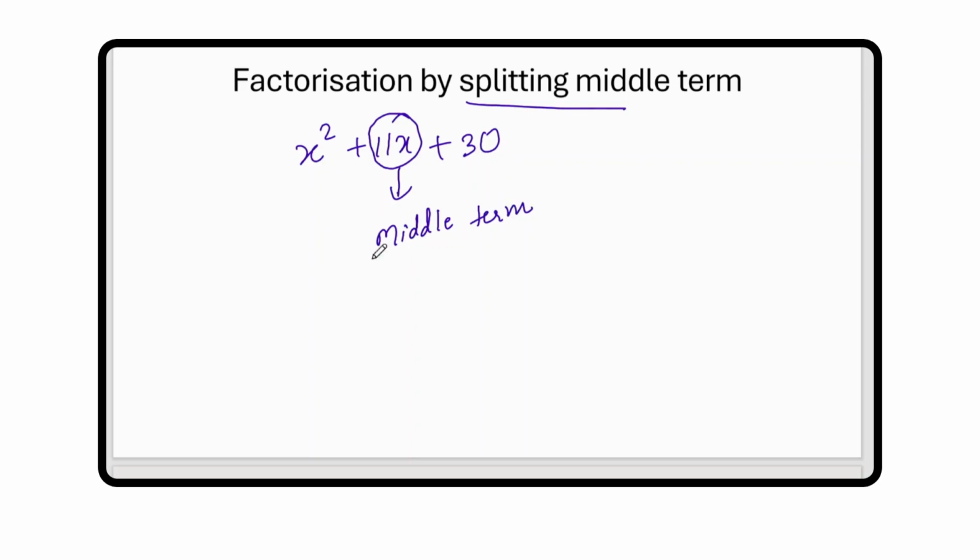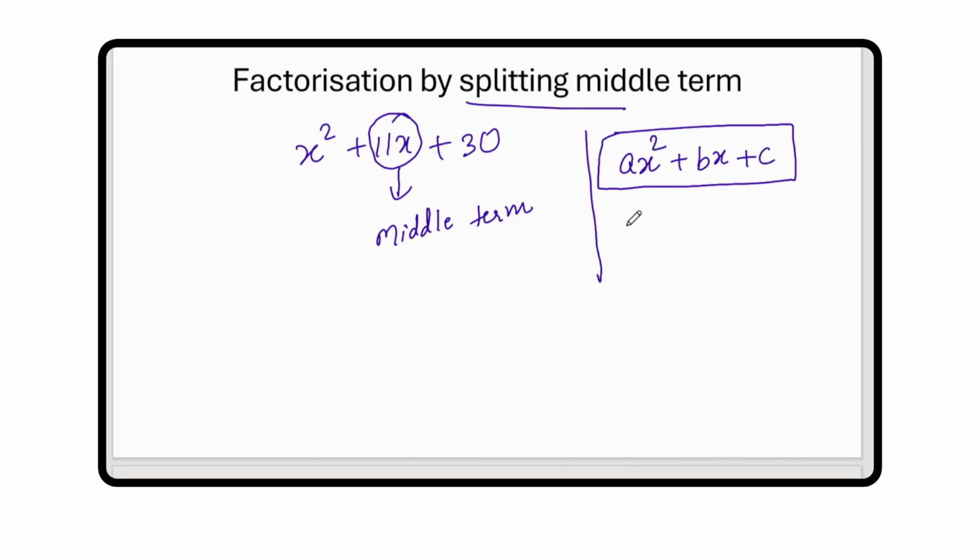See, our standard quadratic polynomial can be written as ax square plus bx plus c. So the first step is to multiply the coefficient of x square and the constant.